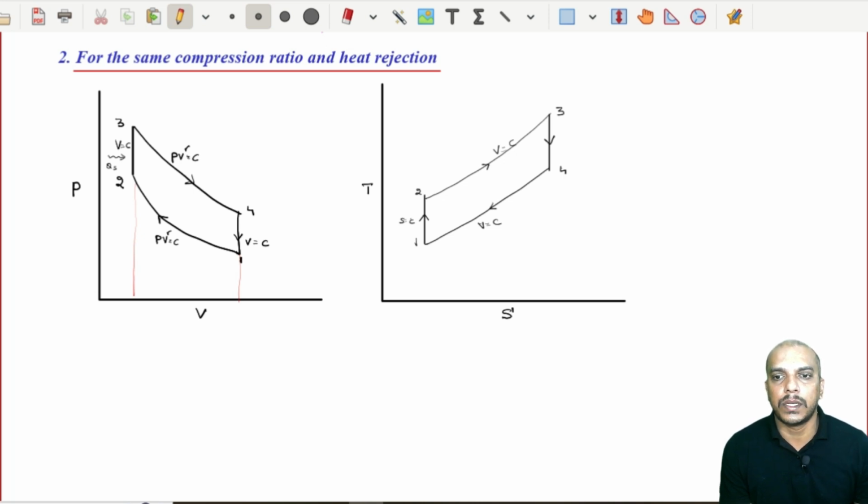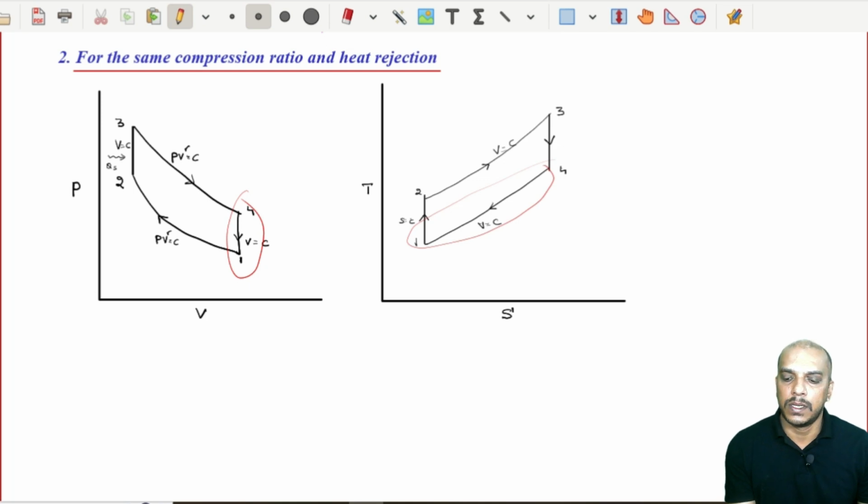Compression ratio same means volume V1 and V2 should be same for the diesel cycle and dual cycle. At the same time, this 4 to 1 represents heat rejection, or in TS diagram, this plot 4 to 1 represents heat rejection. So, this has to be also kept same because we are talking about heat rejection is also same.